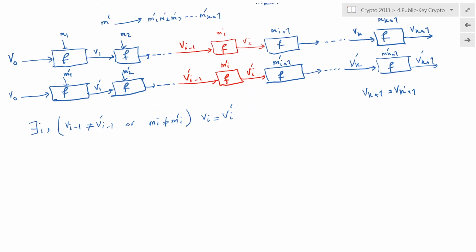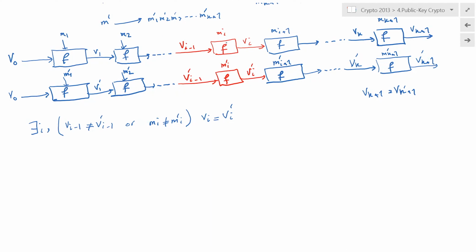So we found the collision over here, and this collision does not necessarily come from the last block. We know that the final outputs are the same, but the collision could appear from some iteration i somewhere in the middle, or even at the last one. It doesn't matter, but we want to be more generic.